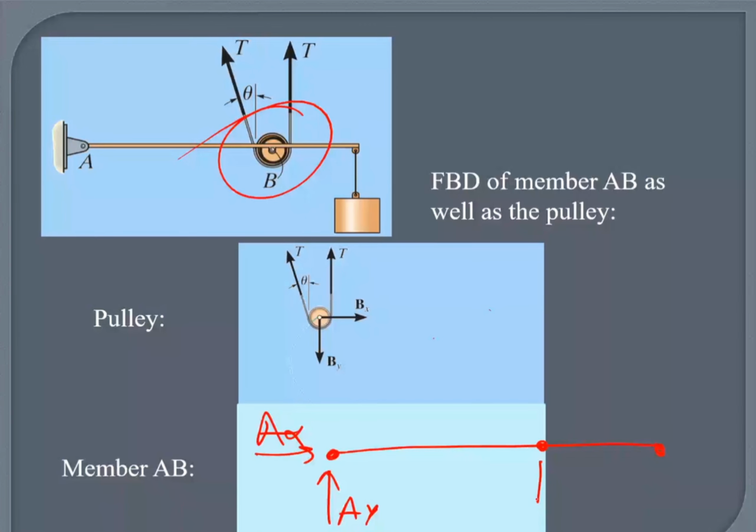We have taken this from here. It is the same here, but in the opposite direction. We got this pin B connected on the member AB. And on the other end, I've got a force acting downward. That's my free-body diagram for member AB, same as shown here.